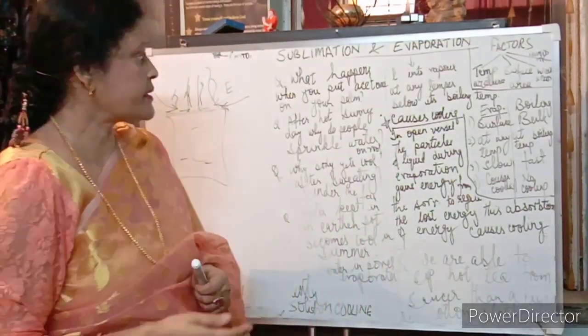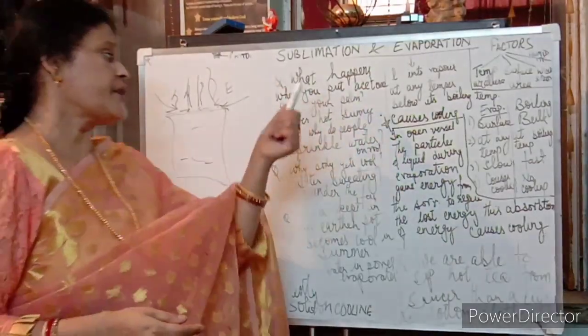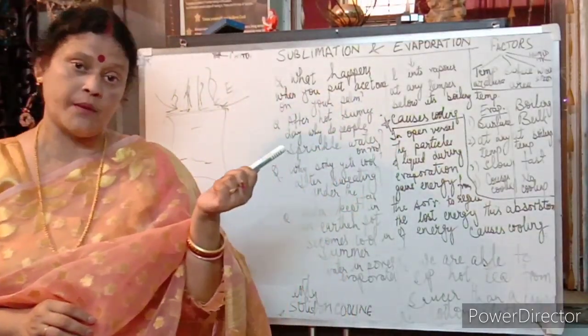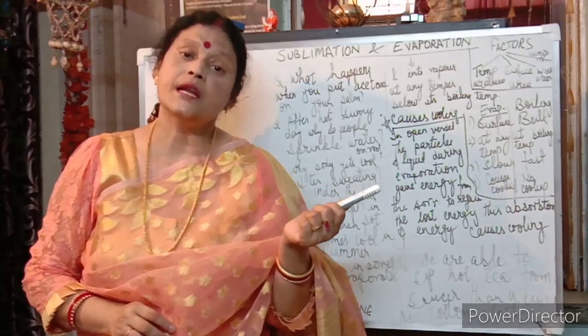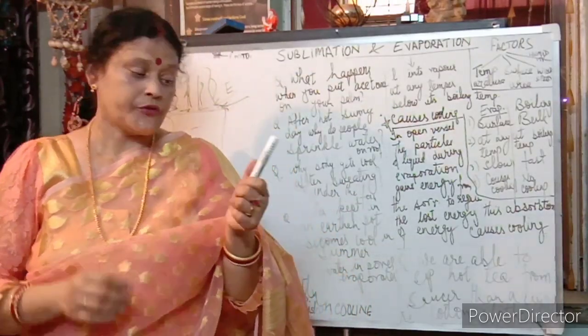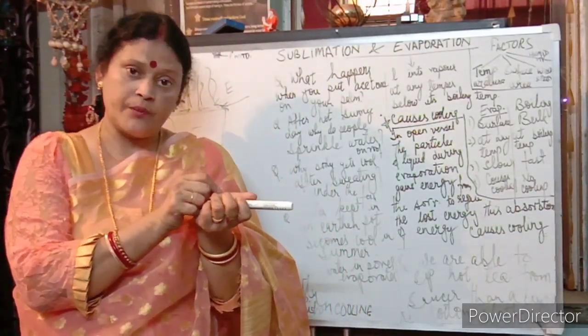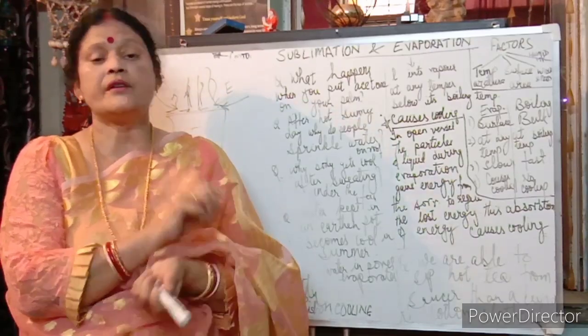So many examples are there. For example, what happens when you put acetone on your palm? Acetone, that is nail polish remover. If you put a little drop of nail polish remover on your palm, then what happens?